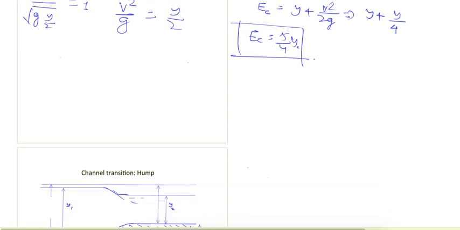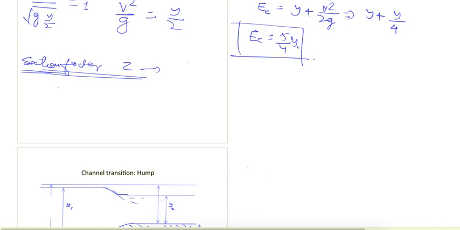Now there is one more term in this, which is called the section factor. It is denoted as Z. It was used earlier to find out the critical depth. Nowadays it is not used because computational power is there.